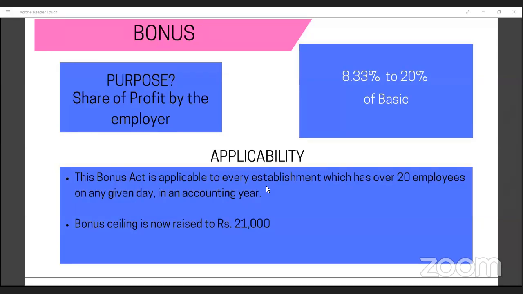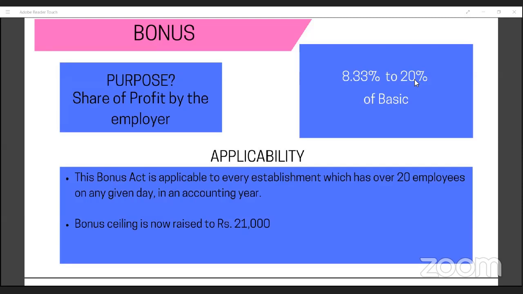Bonus is designed by the government on the basis that you are making profit only due to the employee's performance and efforts. So you should give a considerable amount from your share to the employees as well. So bonus is treated as a share of profit by the employer.